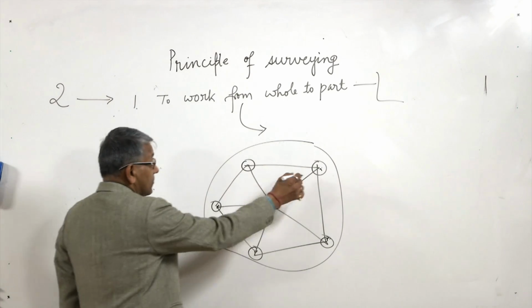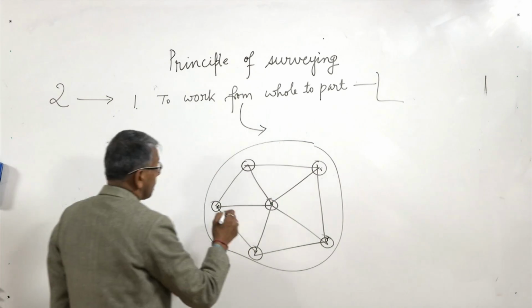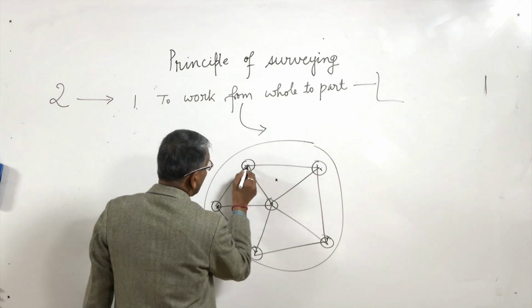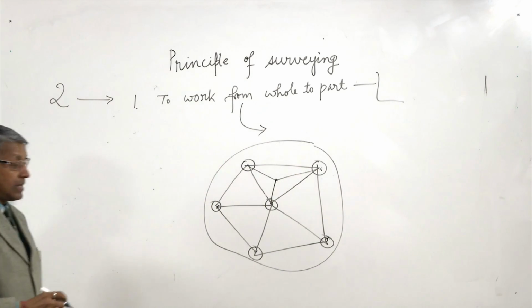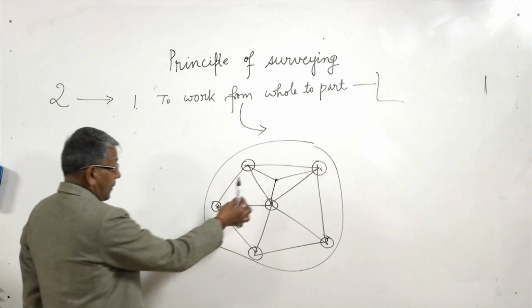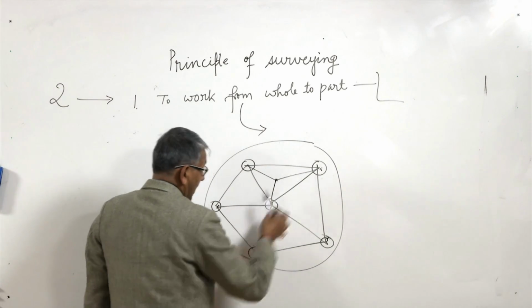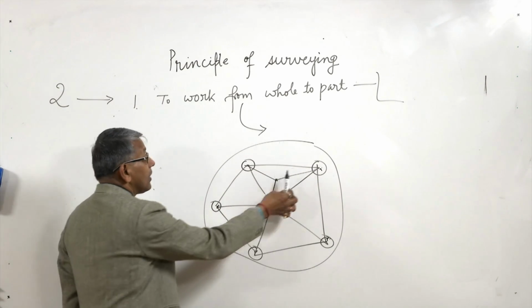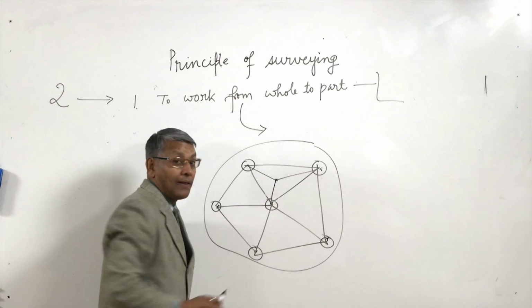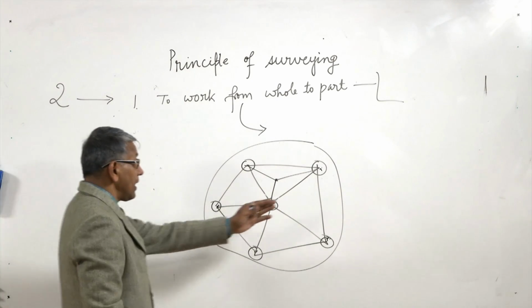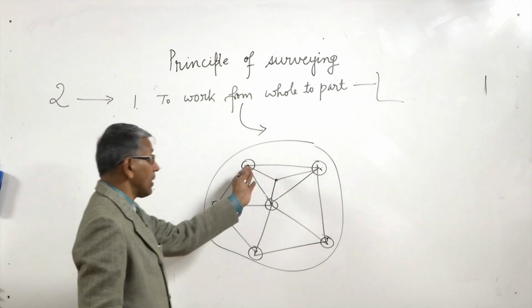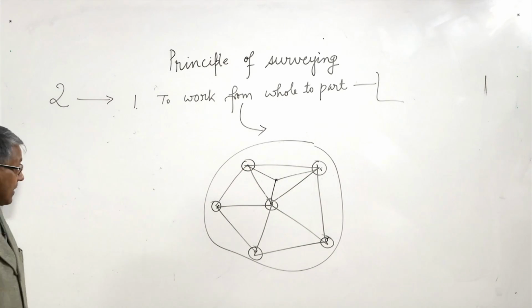Within these triangles, again we will go for some other stations and another set of triangles. So whatever error is accumulated in this triangle will be divided into 3 small triangles. In that way we are reducing the amount of error or the accumulation of error.